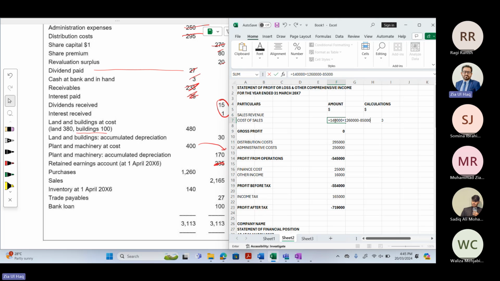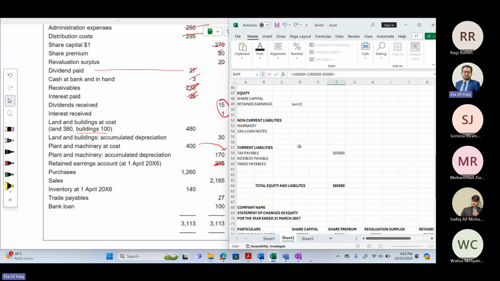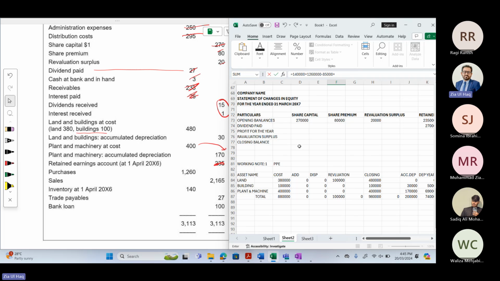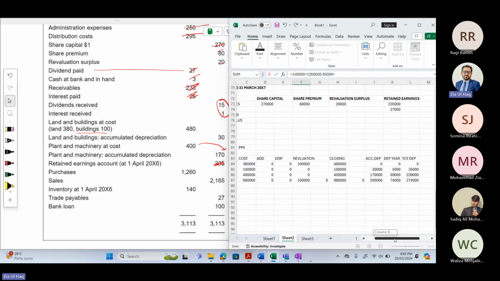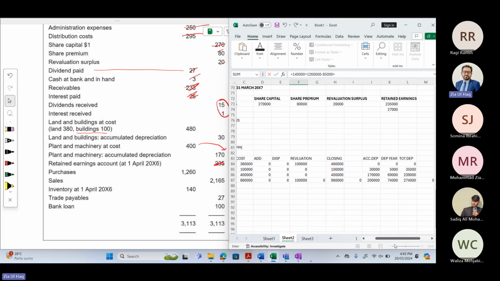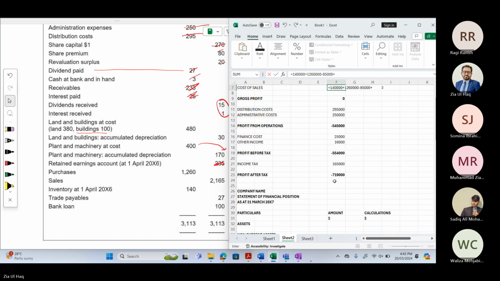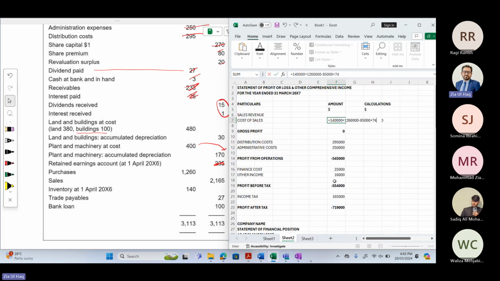And we need to add depreciation. Where is the total depreciation for the year? The depreciation for the year is 74,000. So we need to add 74,000 and then enter. This is our cost of sales. Now we have calculated: 140,000 is opening inventory, 1260,000 is purchases, 85,000 is closing inventory, and 74,000 depreciation for the year.